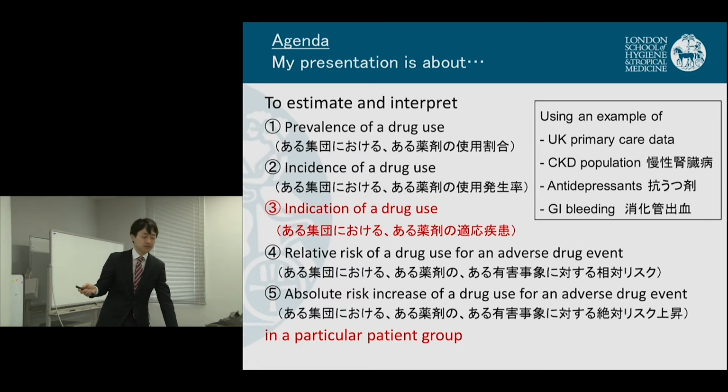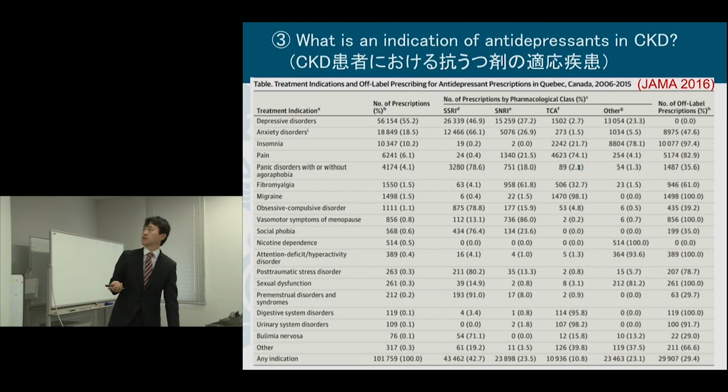So, indication of a drug use in patients with CKD. So, it's a busy table, but generally, when drugs are prescribed, some drugs like insulin are obviously prescribed for diabetes. It's obvious, but some drugs like antidepressants or antibiotics could be prescribed for several reasons.